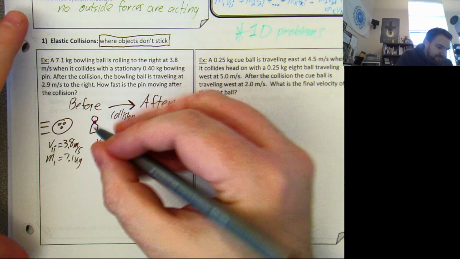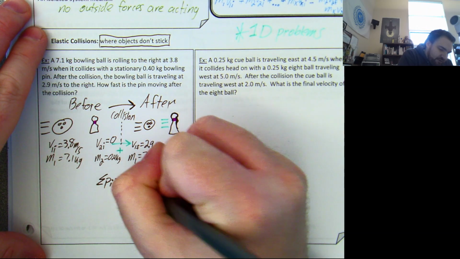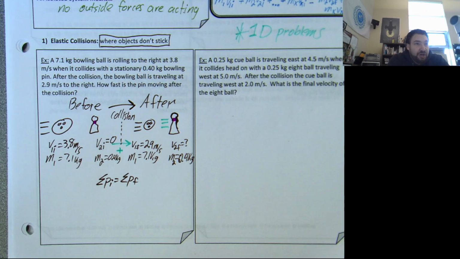So let's set this thing up. This is your starting equation for conservation of momentum. It's just like Newton's second law. Every Newton's second law problem starts with F net equals ma. Every conservation of momentum problem starts with the sum of the momentums initially equal the sum of the momentums at the end.